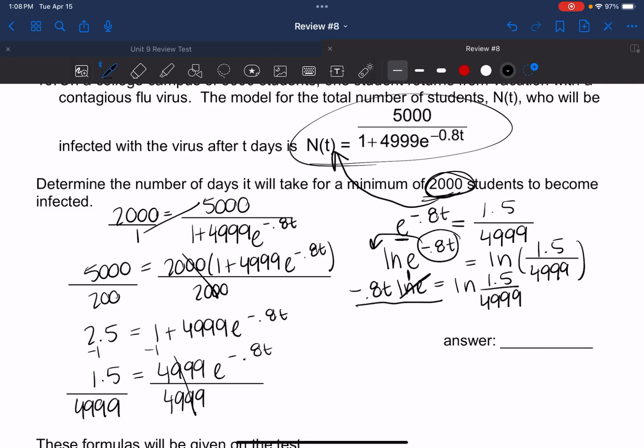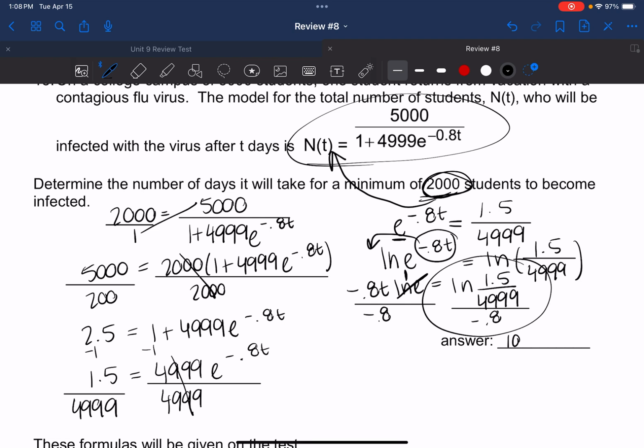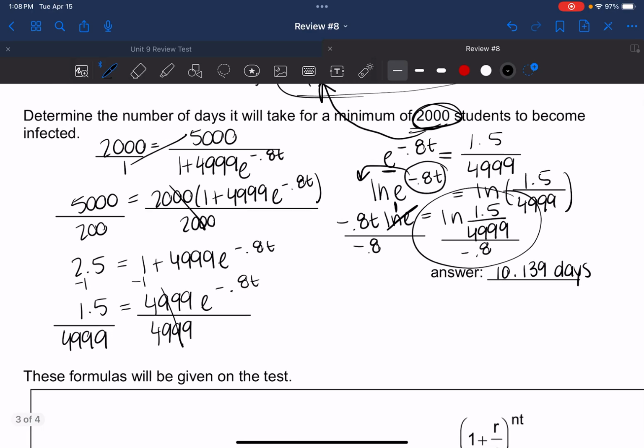So now to get t by itself, all I'm going to have to do is divide by negative 0.8. And then I'm just going to type that into my calculator. So when I do that, I'm going to end up getting 10.139 days as the amount of time it would take.